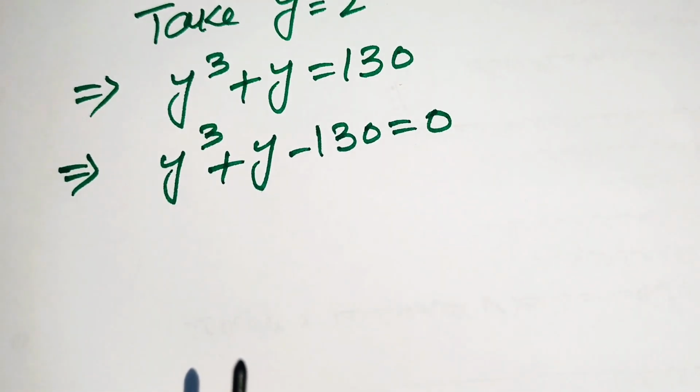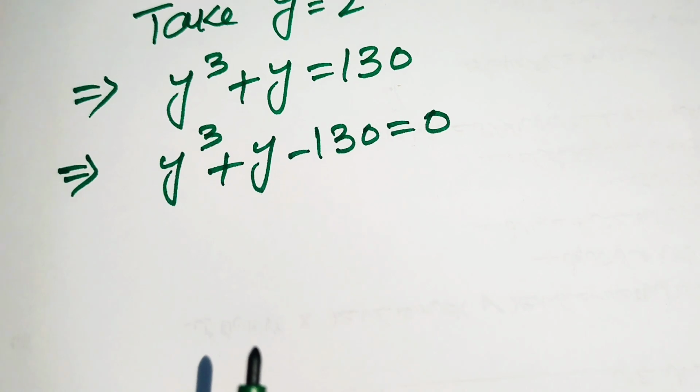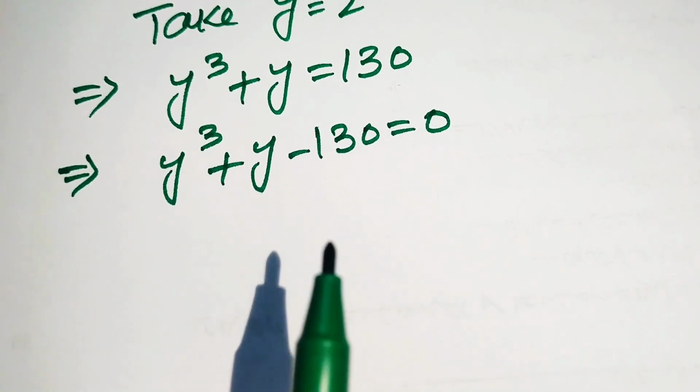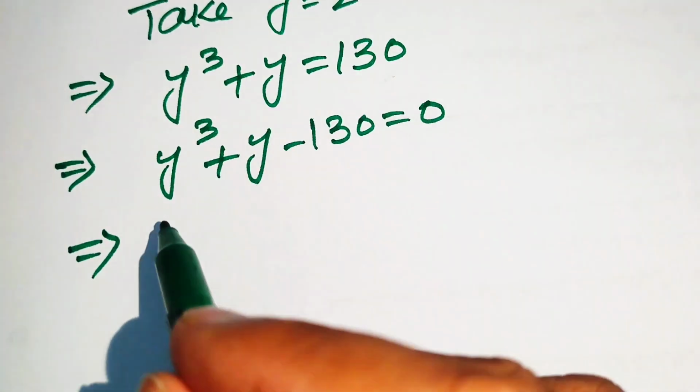Now we need to make the factors of this cubic equation, or we have another method known as synthetic division. You can choose any one of the methods to solve this problem. Here we can easily make the factors of this equation.